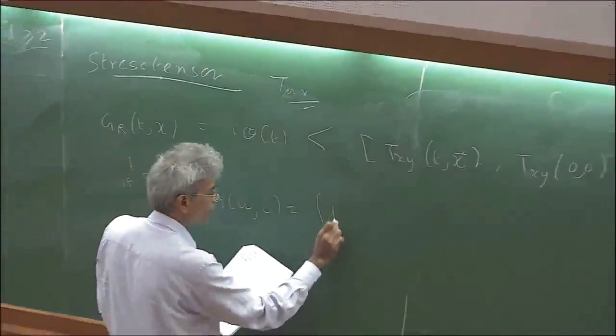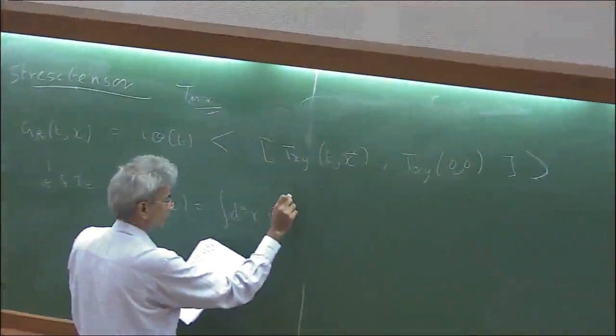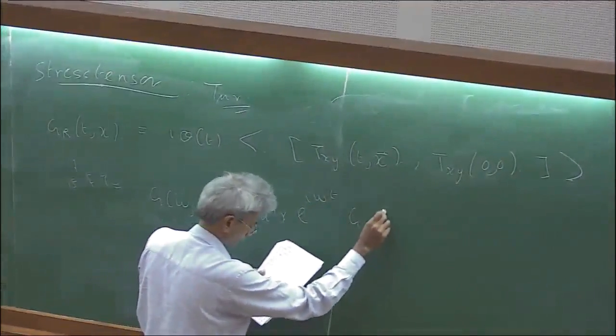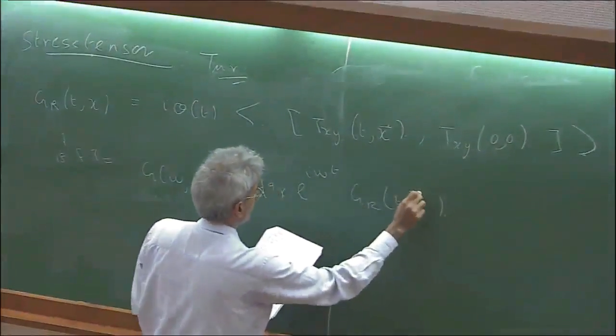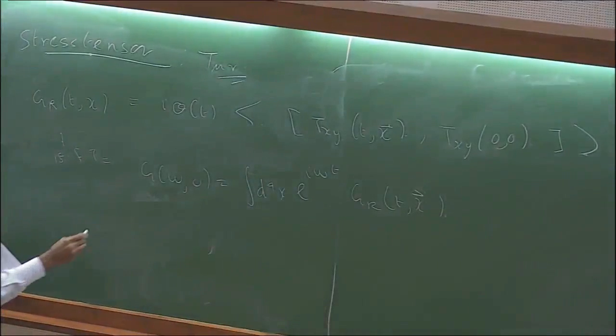Let me define this before I go ahead. The frequency Fourier transform at zero momentum is defined as follows. This is the particular correlator we'll be focused on for almost all of the talk. Maybe towards the end, if I have time, I'll indicate the results with the other correlators.